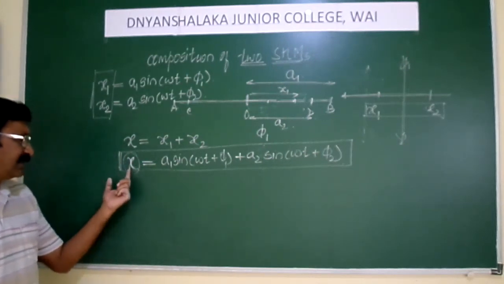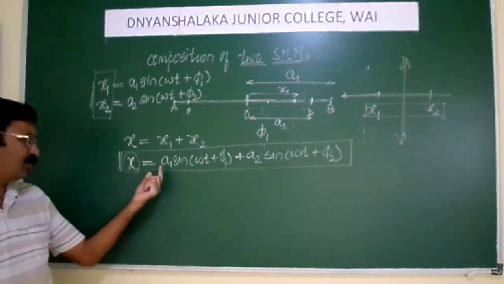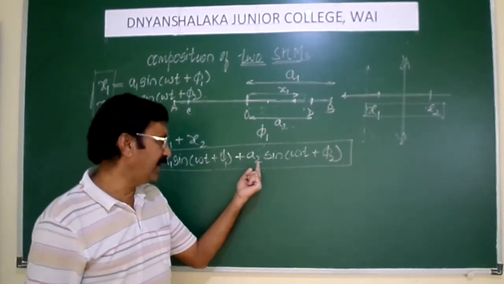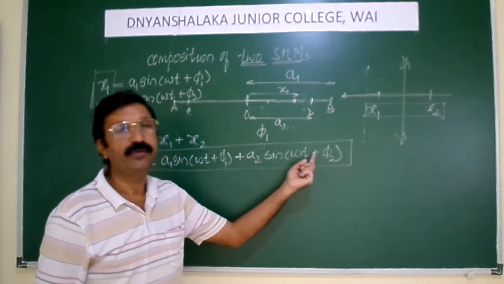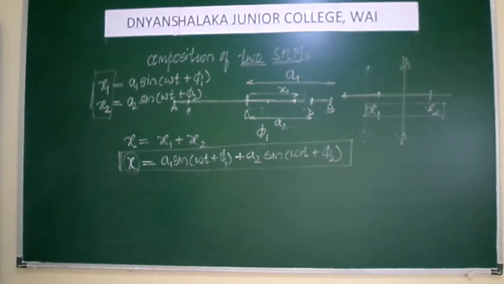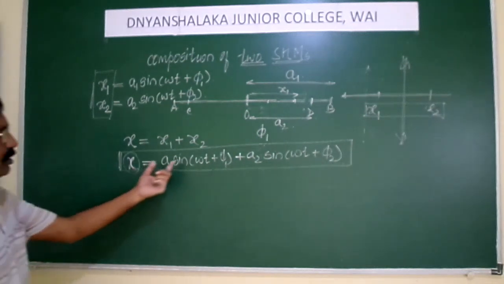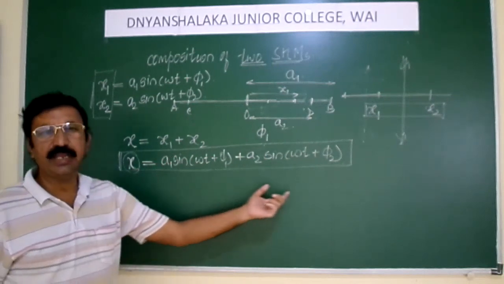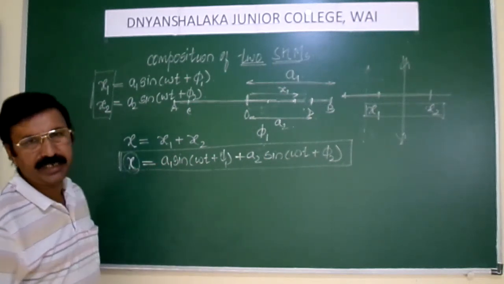And so this is the expression x is equal to a1 sine of omega t plus phi1 plus a2 sine of omega t plus phi2. If we solve these two expressions, then we are able to give the combined equation.